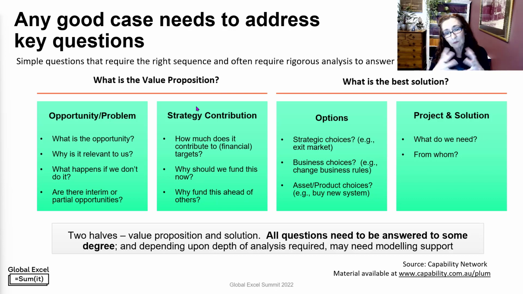What's really important with the document is that it needs to follow this format, and that you do it from left to right, not from right to left. So you don't have the solution ready until you know what the value proposition is. It's important that you get the stakeholders at the organisation, so the steering committee or the sponsor of the project, to agree on the value proposition before you move on to the boxes over on the right-hand side.